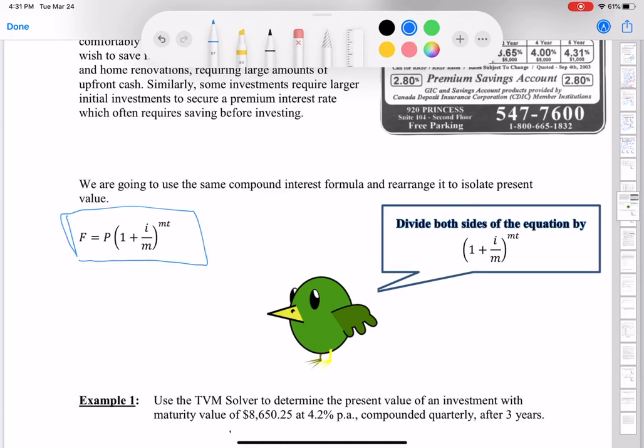Now, if I take this equation and divide both sides by (1 + i/m)^(mt), it cancels out of this side and just leaves me with P. Now, this version of the formula, many folks use: P equals F divided by (1 + i/m)^(mt).